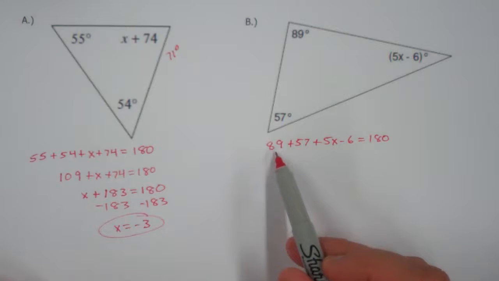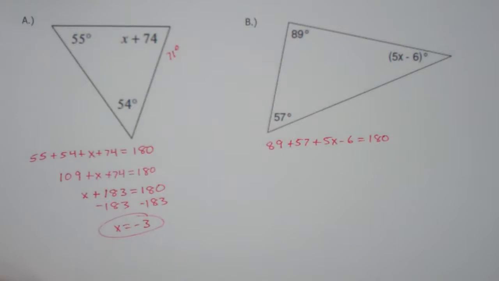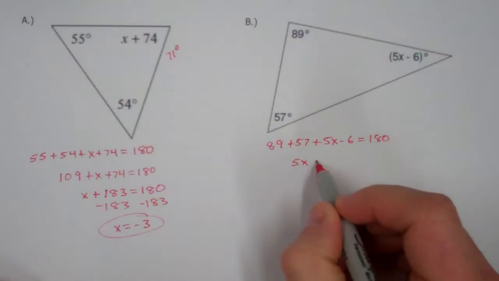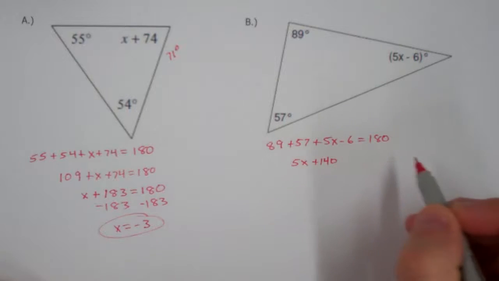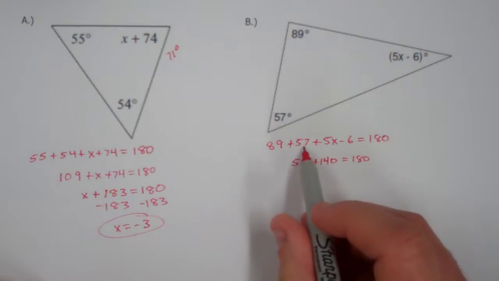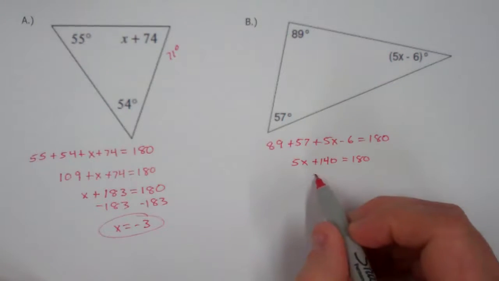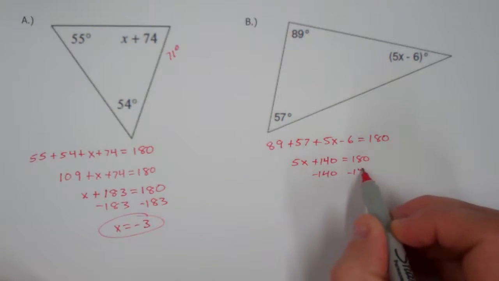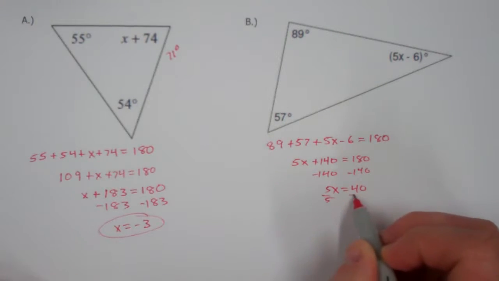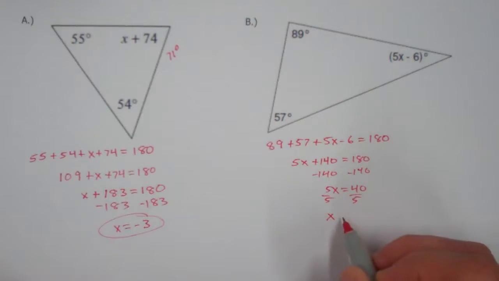So this is going to be 146, and then we're going to subtract 6, so this should be 140. If we combine 89, 57, and -6, now we just have to subtract 140, and 5x will be 40, divide by 5, and you'll find x to be 8.